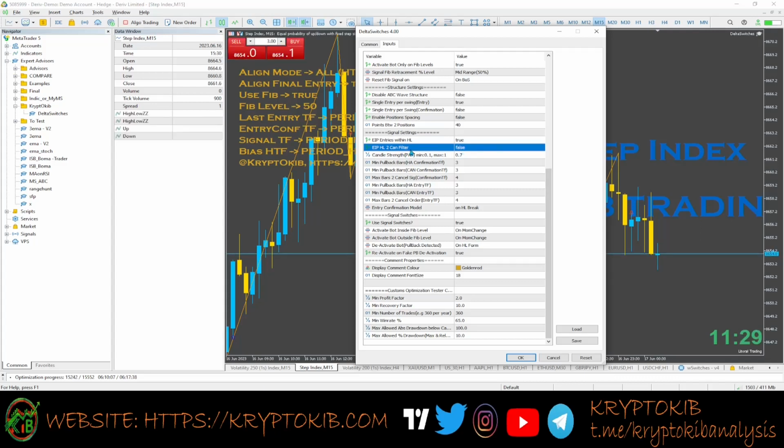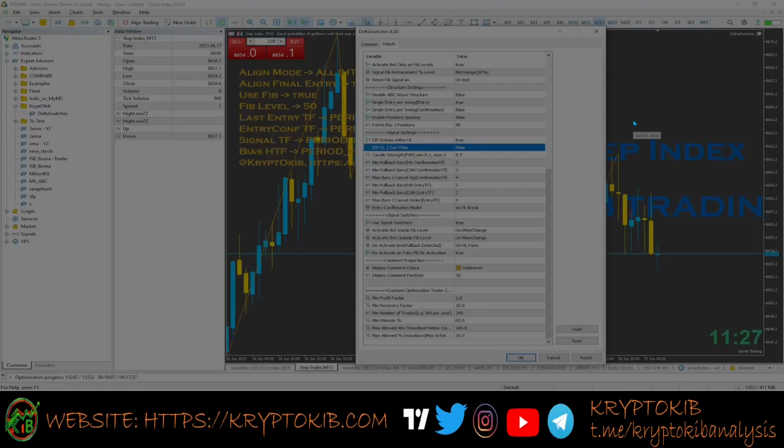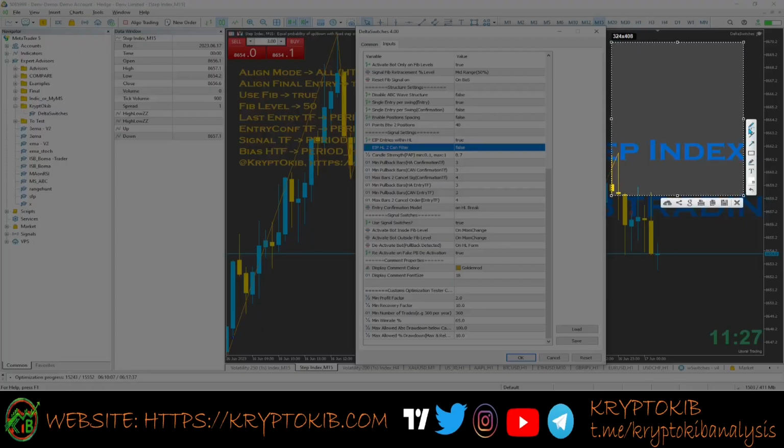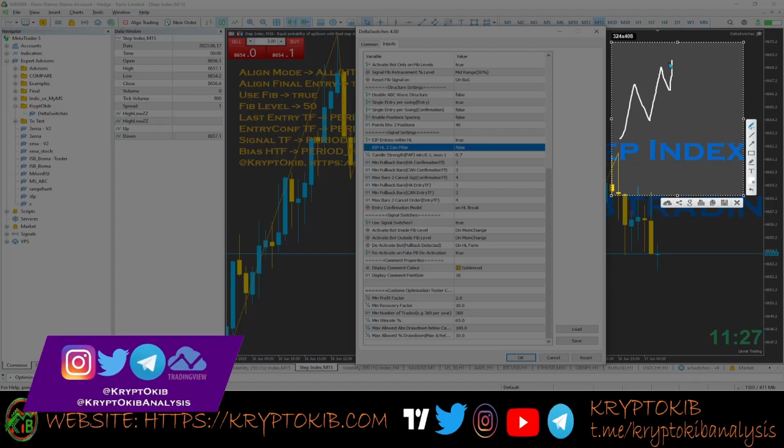This is an added filter. You have a bullish structure like this, but this is a shallow pullback, and then you have one engulfing candle that extends from here to break the high, one big move.